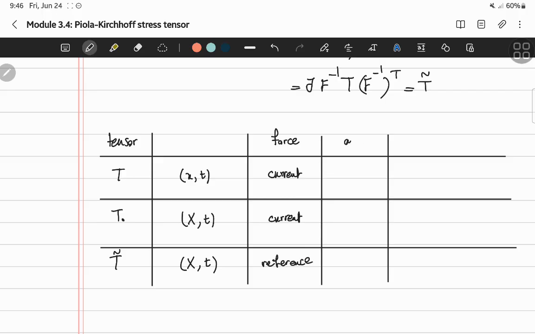And here we had the area. This was in current configuration. This was in reference configuration for the first Piola-Kirchhoff, and for the second Piola-Kirchhoff, everything was in reference configuration. So both legs here are in current configuration, and here one of the legs is in current and the other one is in reference. We call them two-point tensors.